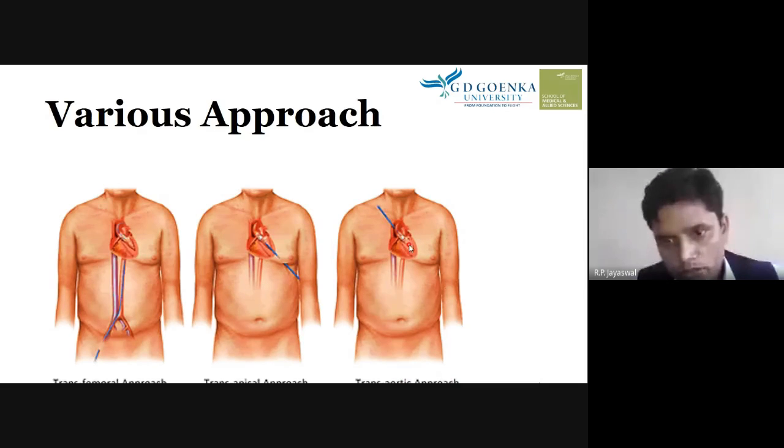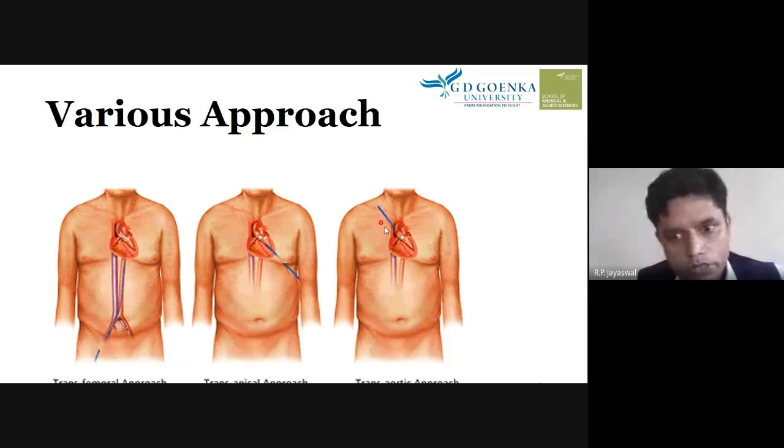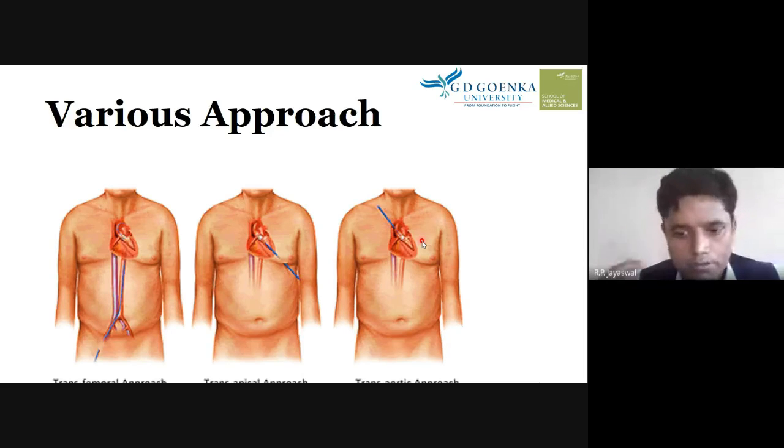So we directly make a small incision near the aortic region of the heart, where we do the correction of the valve which is defective. Okay, so different approaches are used, where we insert a catheter, or we insert artificially made heart valves. Okay.